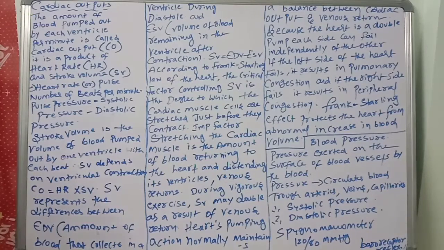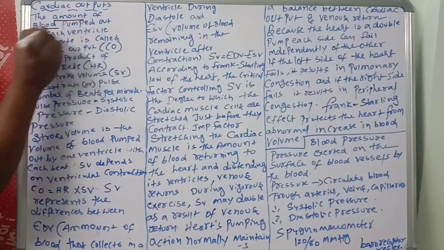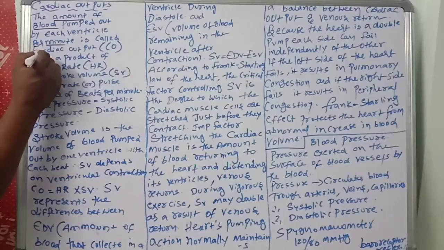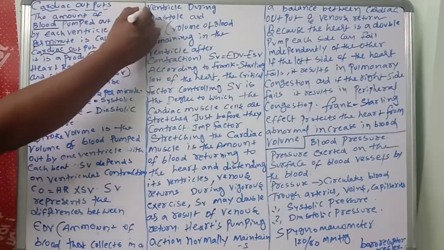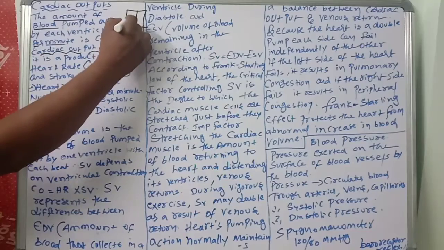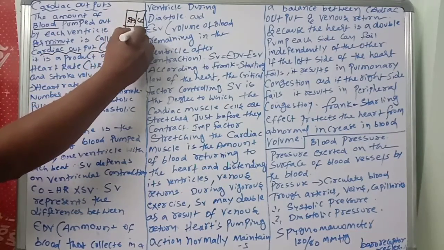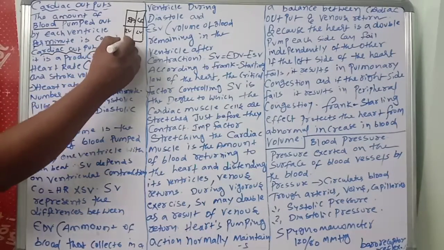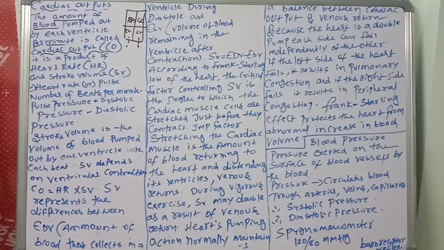The amount of blood pumped out by each ventricle per minute is called cardiac output. You know very well the chambers of the heart: right auricle, left auricle, right ventricle, left ventricle. How much they are releasing from the ventricle, from the left ventricle? The amount of blood pumped out by each ventricle per minute is called cardiac output, CO.